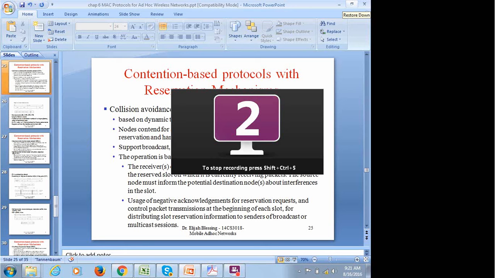If the slot is idle, then immediately it sends out a slot reservation packet. So this has to be unicasted or broadcasted or multicasted. I am trying to reserve the slot. Broadcast. So it can either do a broadcast or a multicast because it says I am now trying to reserve a slot. Once it reserves a slot, no other can compete for that particular slot. Are you getting me?